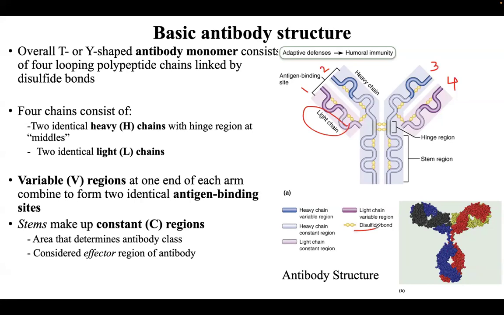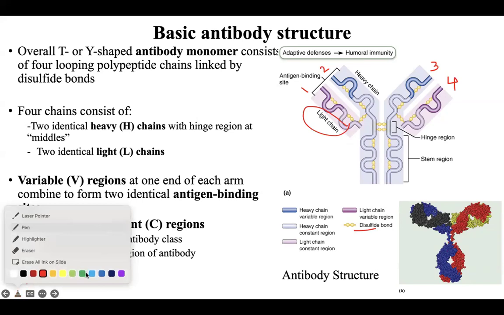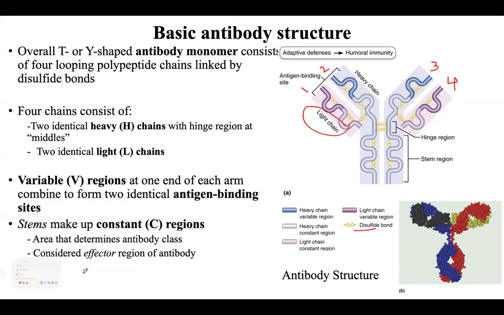Now, the region that is in the open area that actually encounters the antigen is called the variable region. You can say this particular section is the variable region, because this is where they are encountering the antigen.